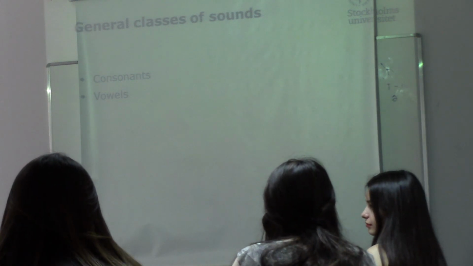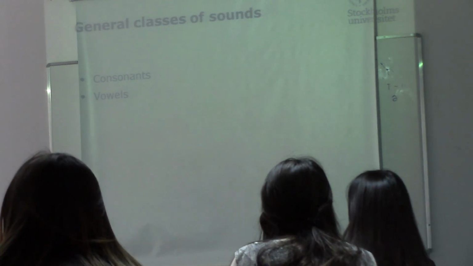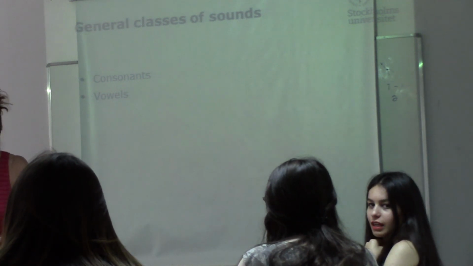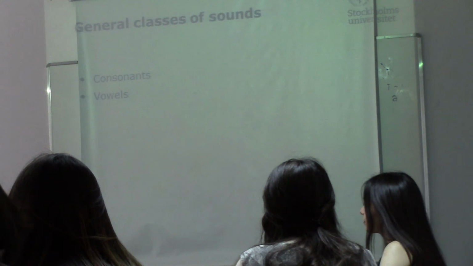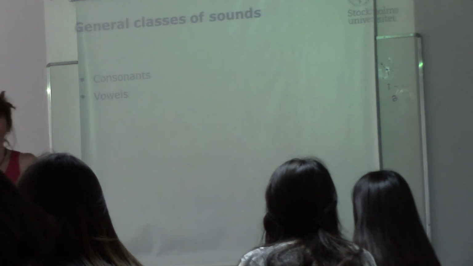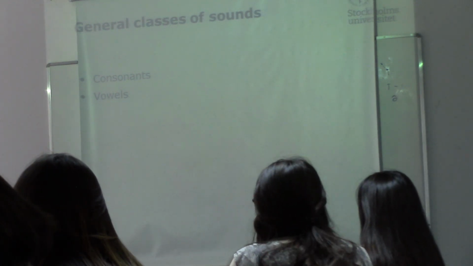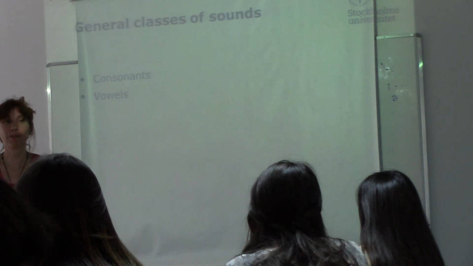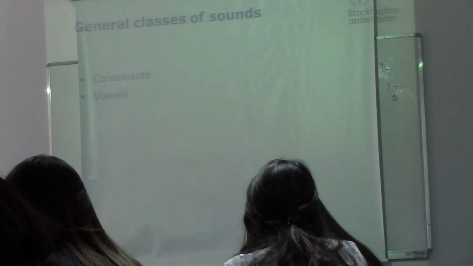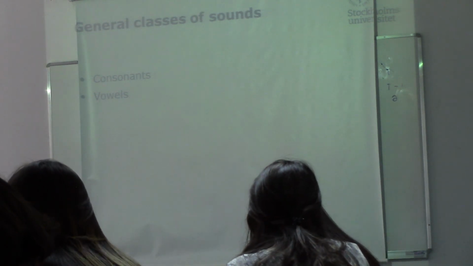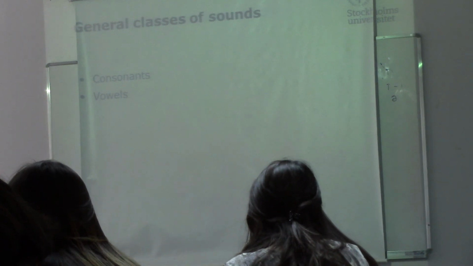The glottis and the vocal folds, or the vocal cords. That will relate to the presence or non-presence of voice. So now that we have that, those are two broad categories of sounds that we produce while speaking.